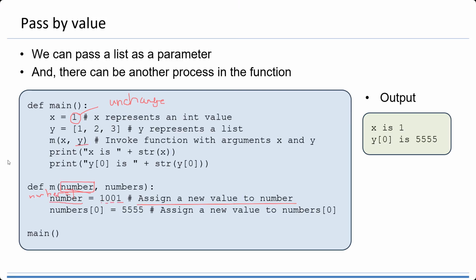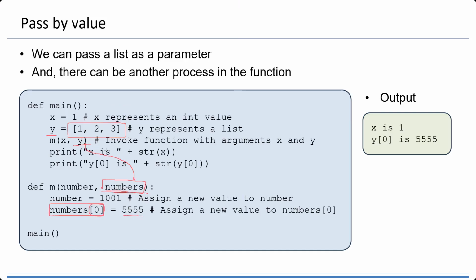What about y? Y is a list. So y is a changeable object. So we put y into numbers, and now we want to update numbers[0] = 5555. What does it mean?